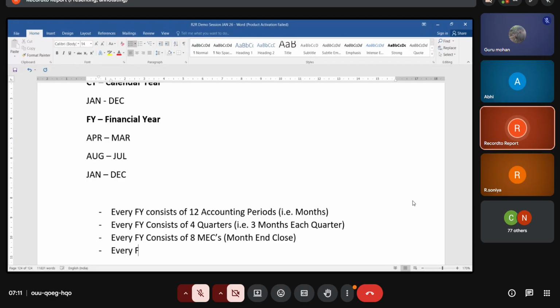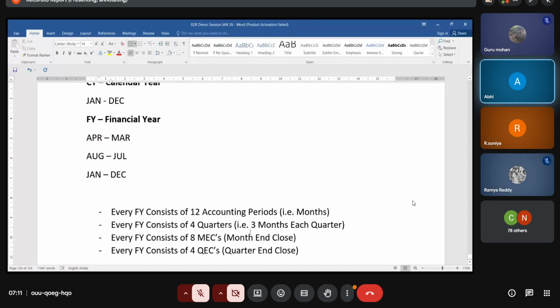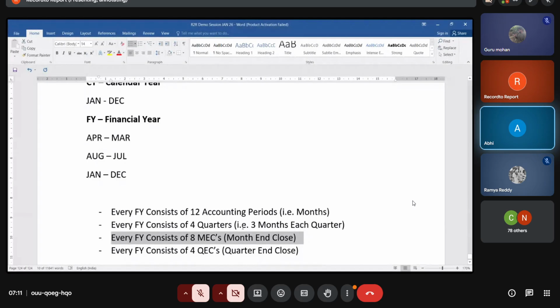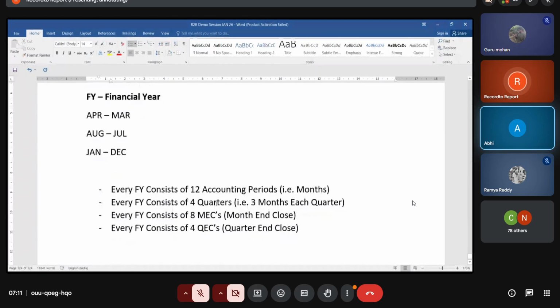And every financial year consists of 4 QECs. What is meant by QEC, guys? Quarter end close. How many month end closes and quarter end closes will come in a year? 8 month end closes and 4 quarter end closes. Okay, clear guys about this?